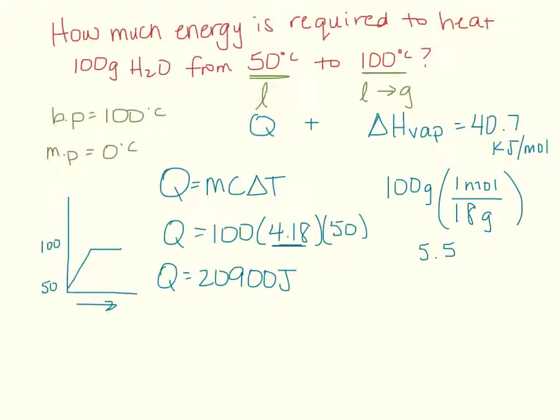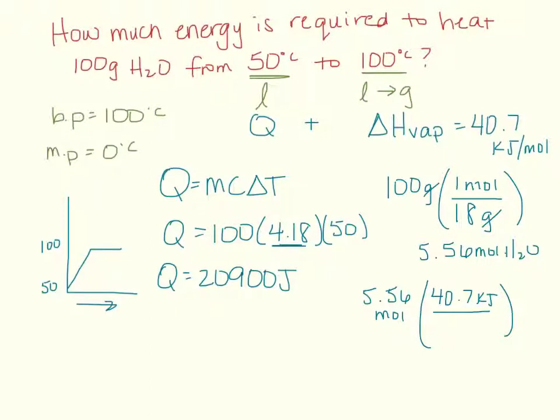So I'll just do 5.56, my grams cancel, moles of water. Okay, so I have more than 1 mole. Again, 40.7 tells me how many kilojoules for 1 mole. I have 5.56 moles, so I can do a conversion for this as well. My delta H vap is 40.7 kilojoules, because ultimately I need my delta H to be in kilojoules.